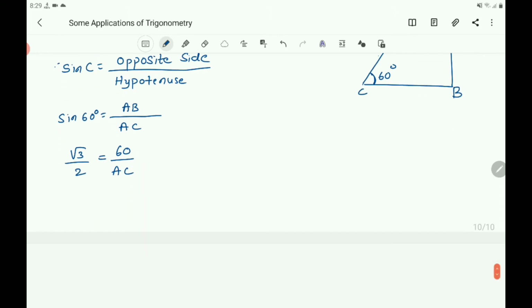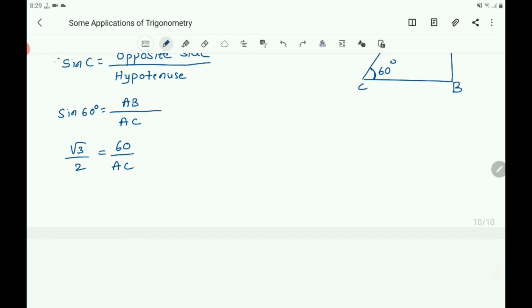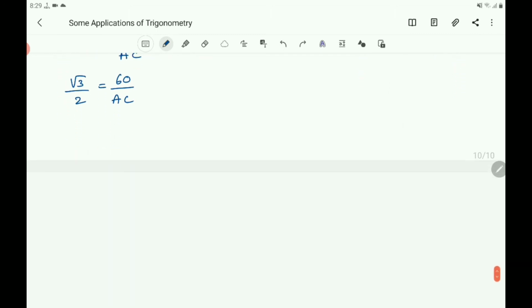Now you do the cross multiplication to get AC on the LHS. Here we have to find the value of AC. So AC comes to this place, and root 3 comes to the denominator of the RHS, and 2 comes to the numerator of the RHS. So you write AC equals 60 into 2 by root 3.